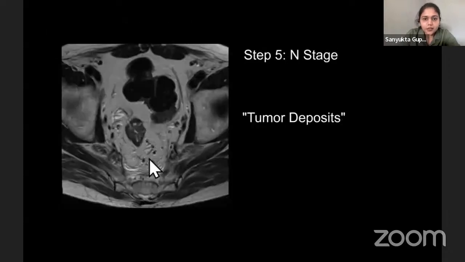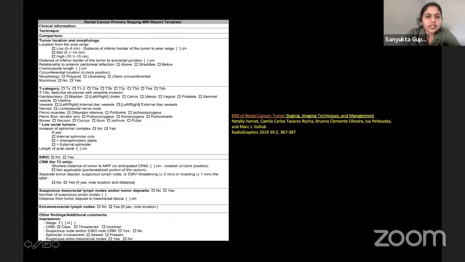Although unlikely, but if any present. Then we have to talk about the tumor deposits. Tumor deposits are again tumor signal intensity lesions seen mostly within the mesorectum. So this is how we have the MRI reporting template.